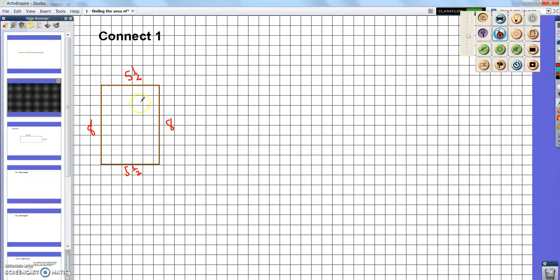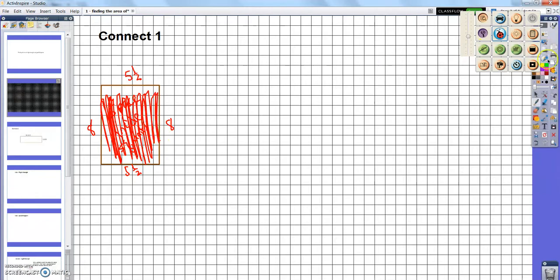So area is the space inside of a figure, and it's usually measured in square units of some kind, square feet, square miles, something like that. So we're looking at how much space is inside of this rectangle, in case you've forgotten that since 4th grade.